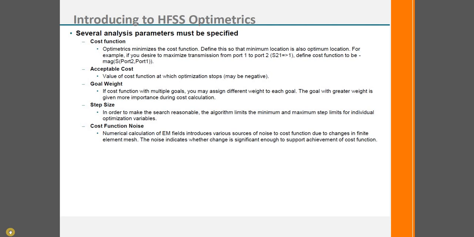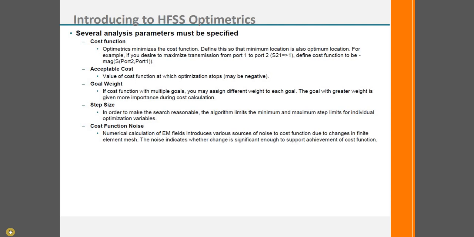For doing the optimization, there are several analysis parameters that should be defined and specified, like a cost function. The optimization process goes to minimize the cost function, so you need to define it.